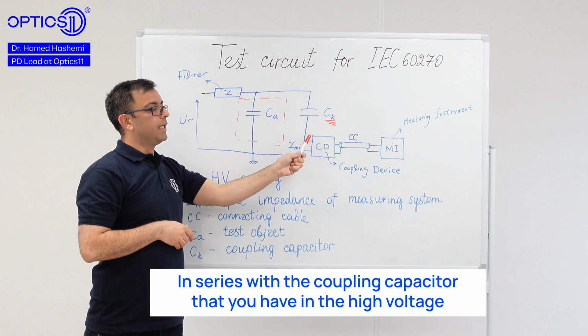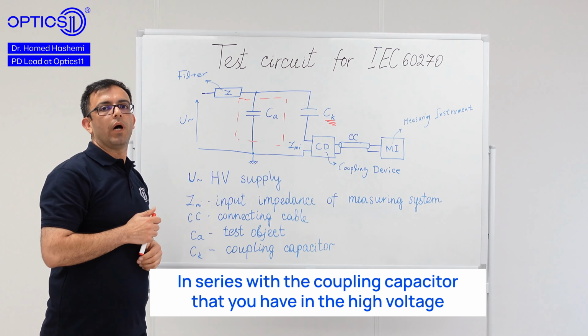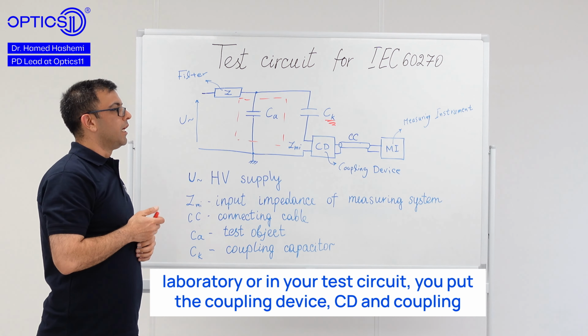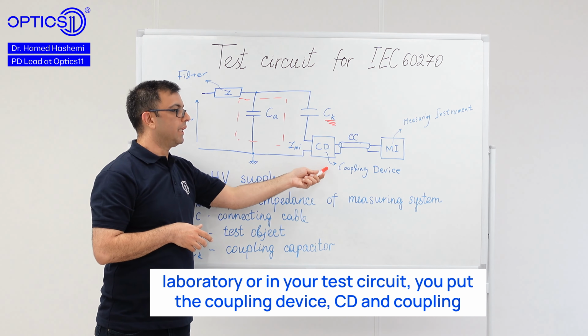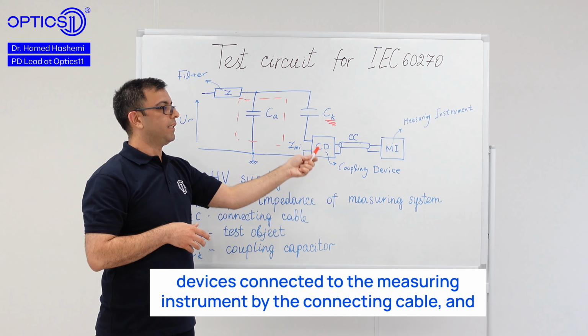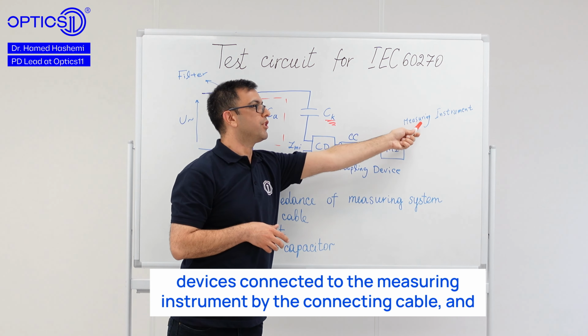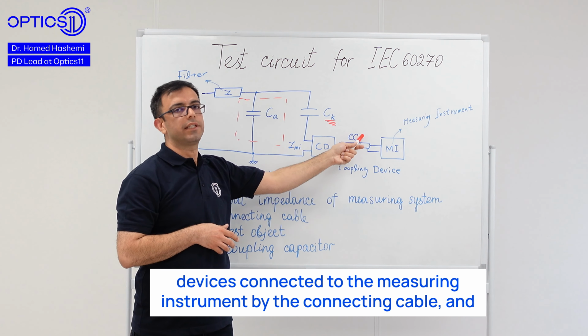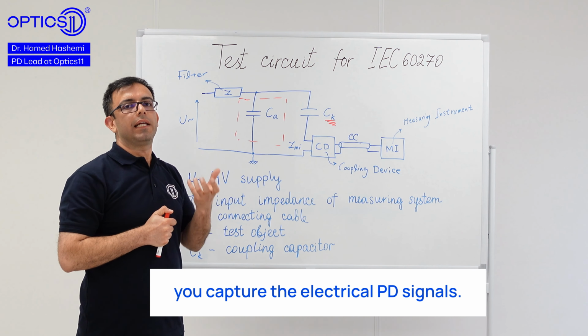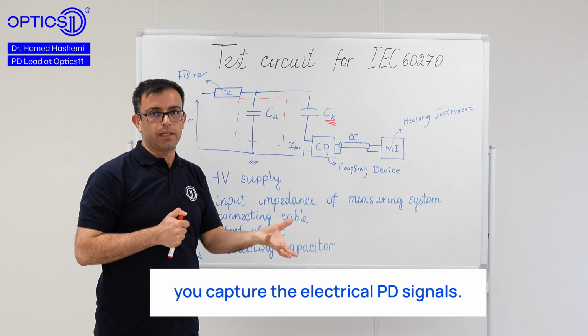In series with the coupling capacitor, you put the coupling device, CD, and the coupling device is connected to the measuring instrument by the connecting cable, and you capture the electrical PD signals.